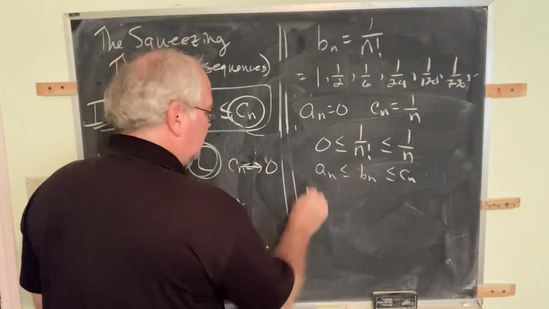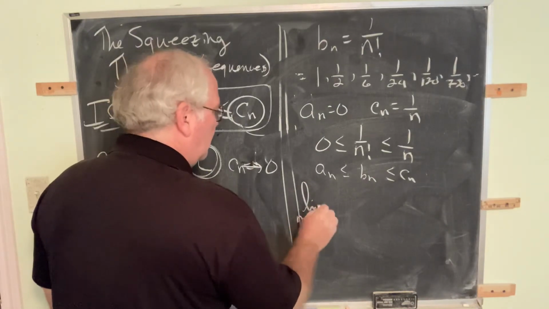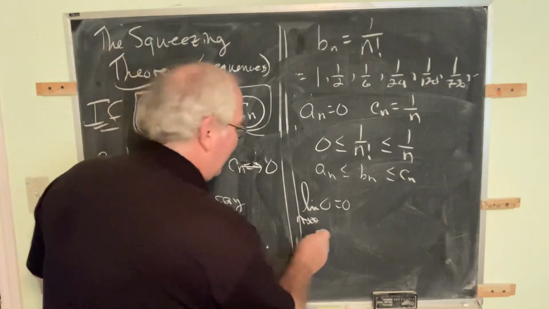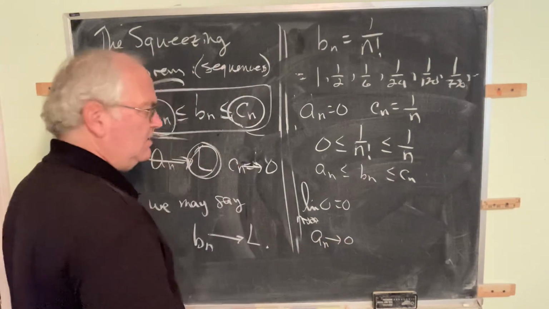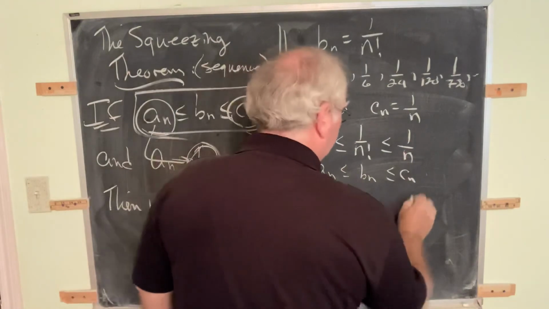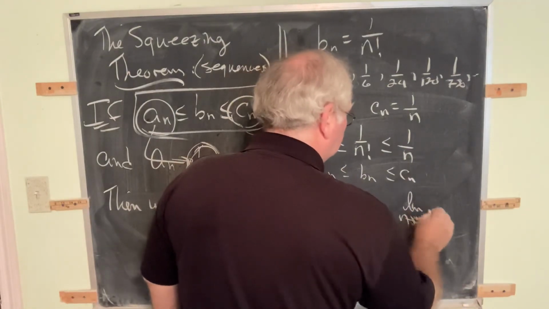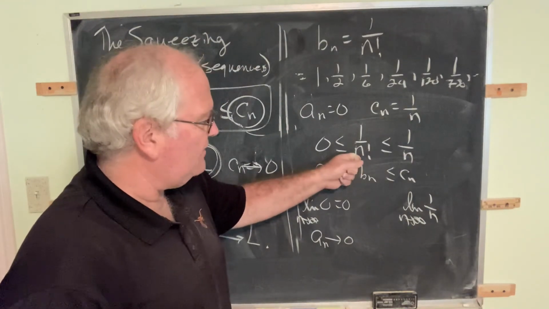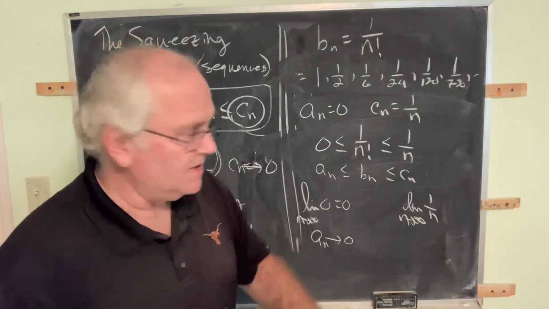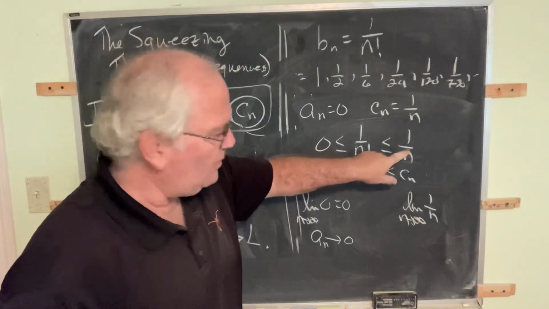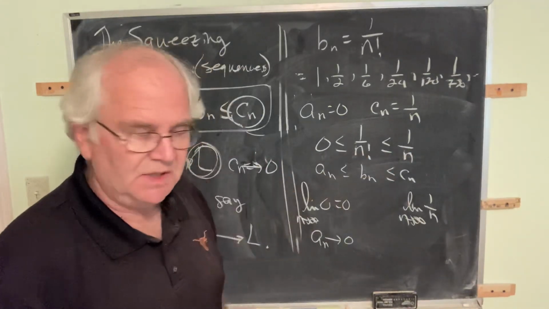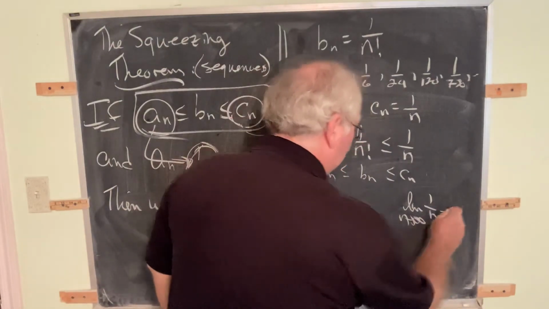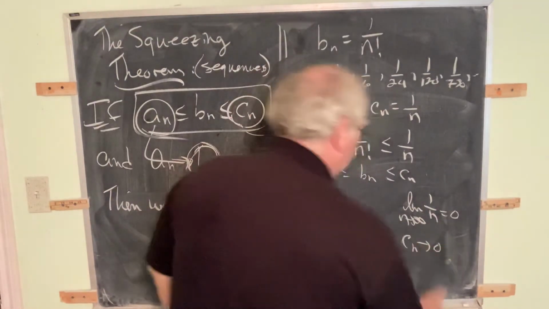What is the limit of 0? The limit of a constant is the constant. So an goes to 0. What's the limit of 1 over n? Now, there is no associated function for n factorial, but there is an associated function for 1 over n. And we do know that that associated function does go to 0. We have already established that this does go to 0. So cn goes to 0.